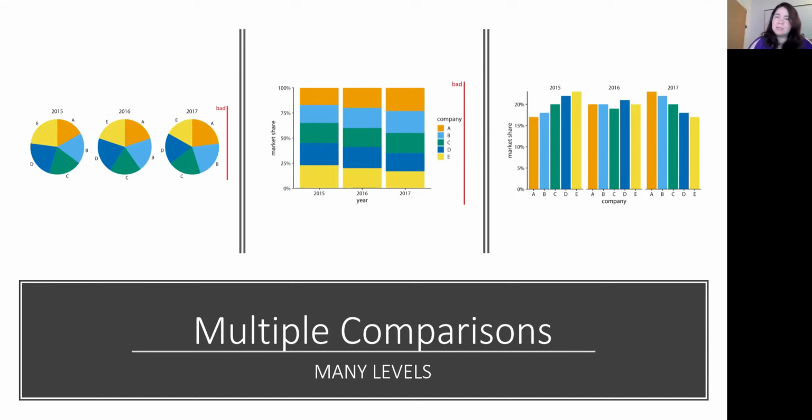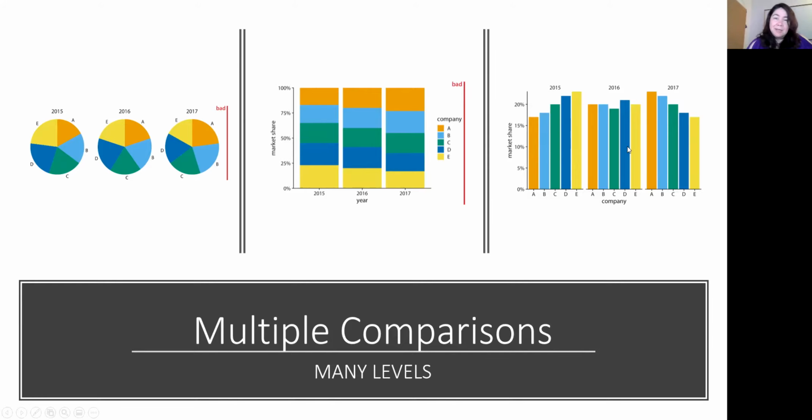But the comparison side to side, you can tell that the orange is getting bigger here, and you can tell that the yellow is getting bigger here. But the stuff in the middle is really, really hard. It looks like the blue's a little bit smaller there, but it's super hard to tell. Whereas you go over here and you can easily compare between the years for each of the companies.